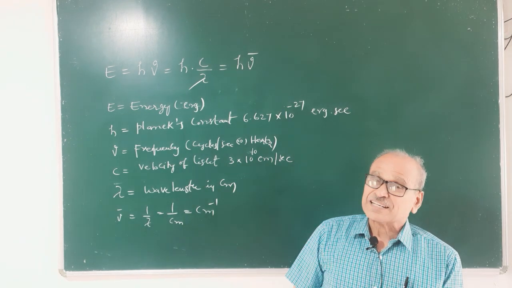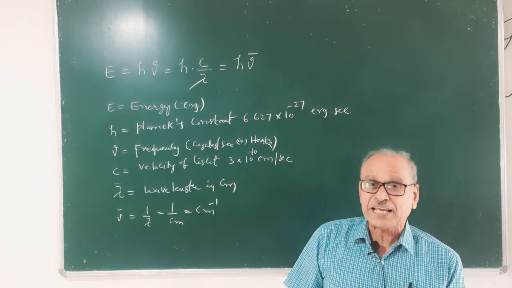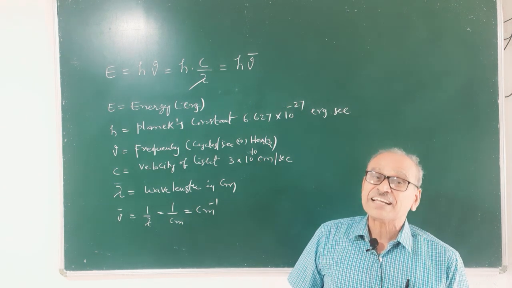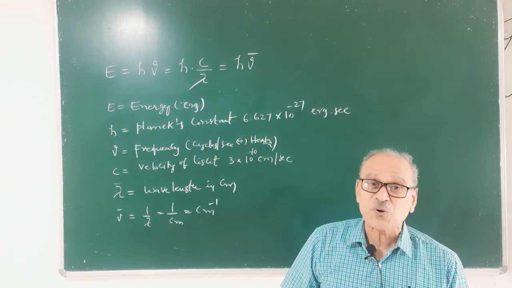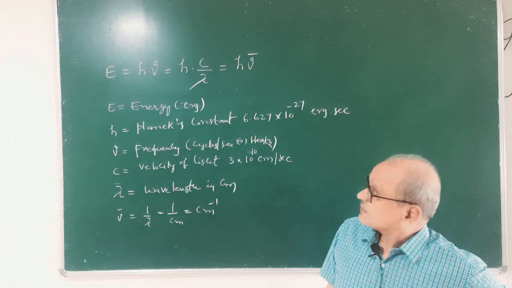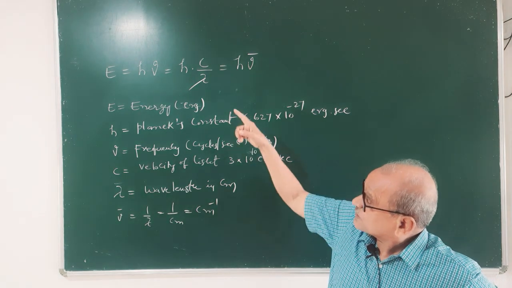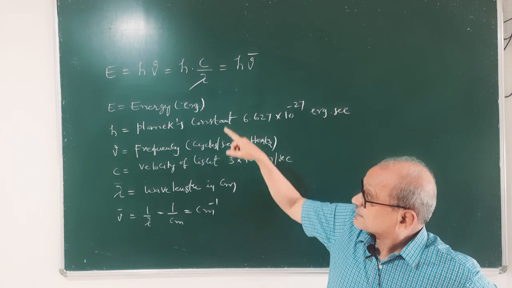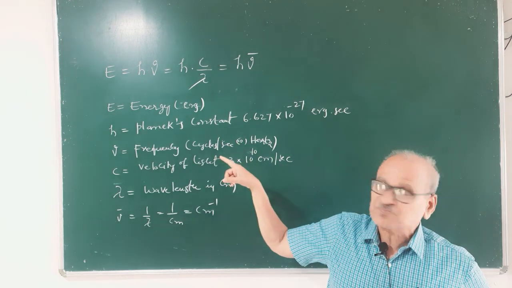Radiant energy can be absorbed or emitted in the form of photons only. As you can see on the board, I have given you the terms and units also.